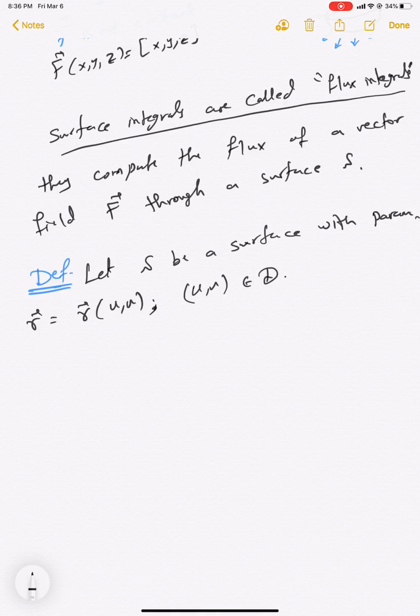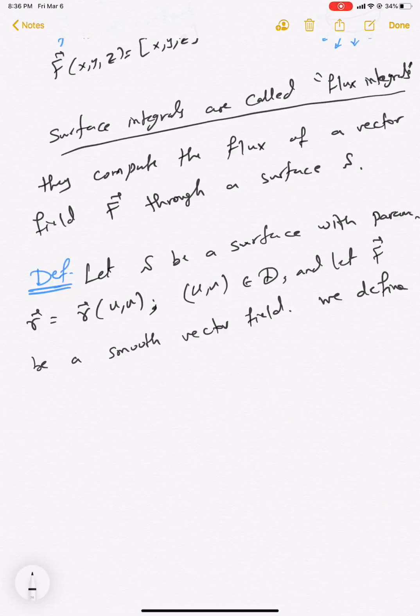They're not free. For example, they could be in a rectangle, in a triangle, in a circular region, and so on. So this is my domain D, and let F be a smooth vector field.